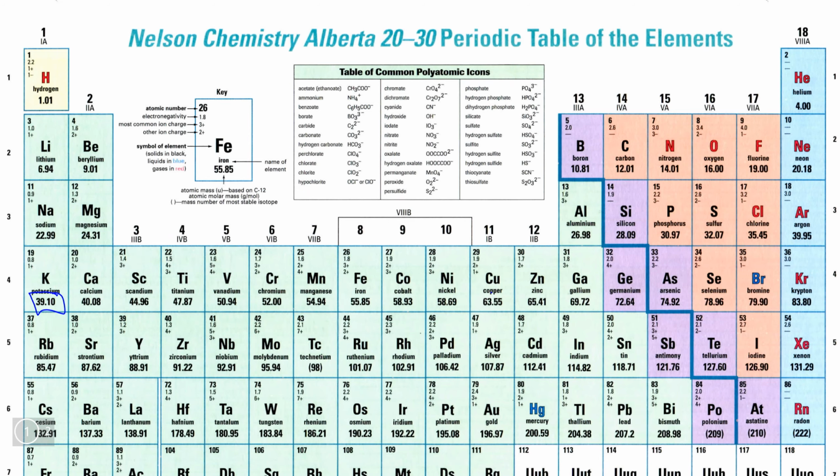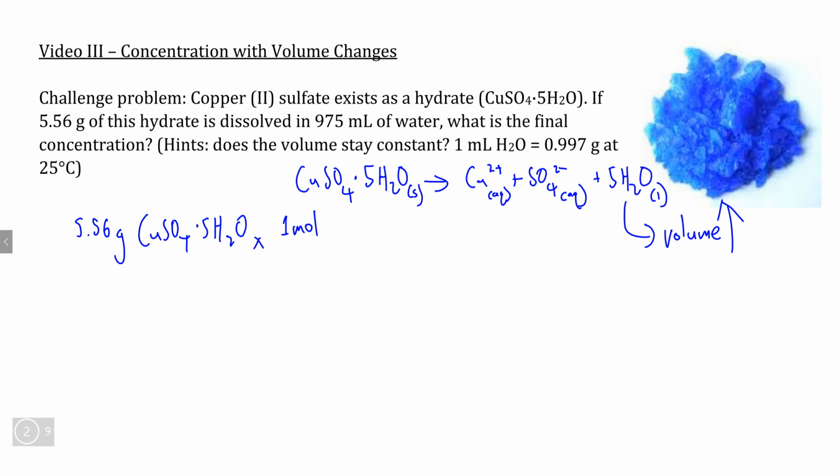If we go to our periodic table, the molar mass of copper is 63.55, molar mass of sulfur is 32.07, and the molar mass of oxygen is 16. We also need the molar mass of hydrogen, 1.01, to calculate the molar mass of all of the water in the hydrate.